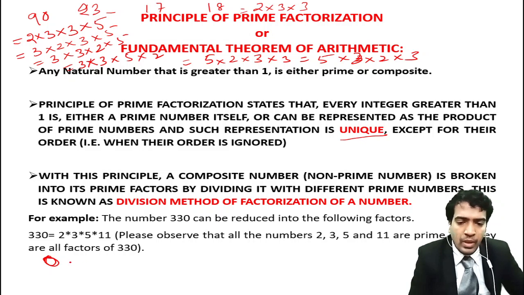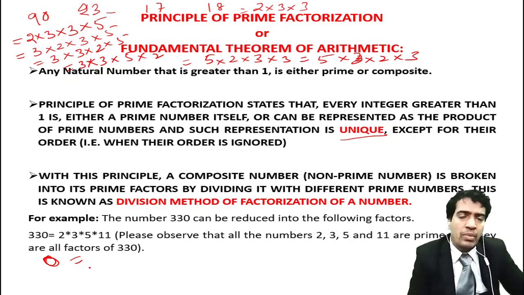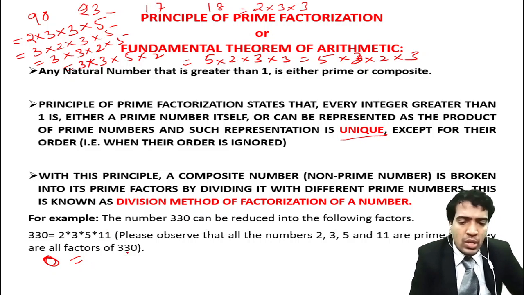Why does 0 fail to satisfy the fundamental theorem of arithmetic? Let us take how 0 can be represented. If you take 0 as a product of 0 into 2 into 3, this is also 0. If you take 0 as a product of 2 into 3 into 5, this is also 0.